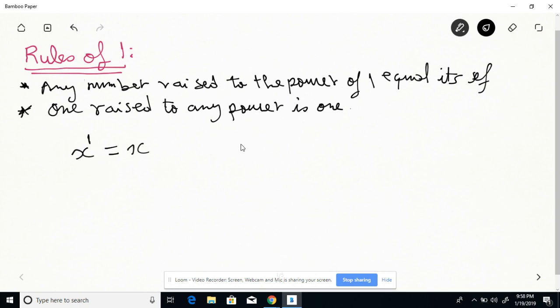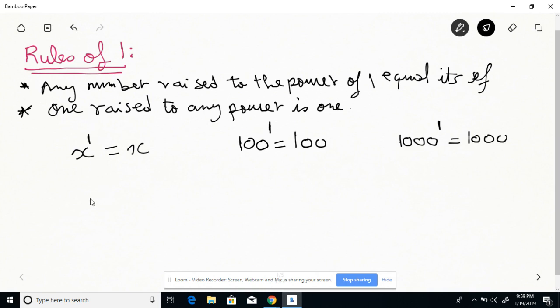Let's say we have 100 raised to the power of 1, it's going to be 100. Here we have 1000 to the power of 1, it's going to be 1000. So any number raised to the power of 1 equals itself.